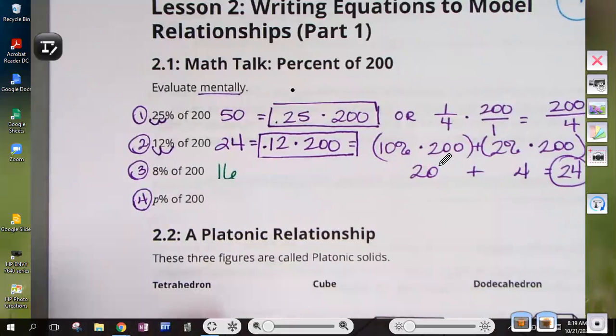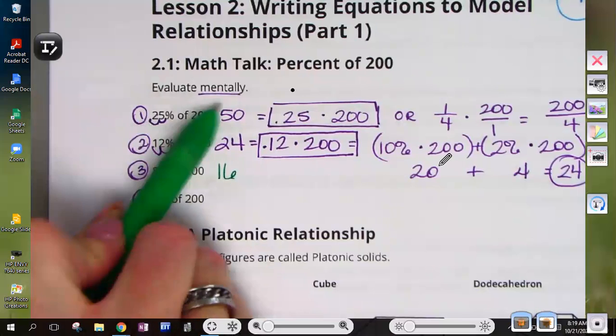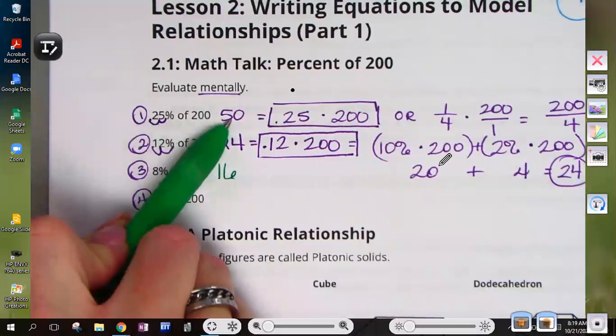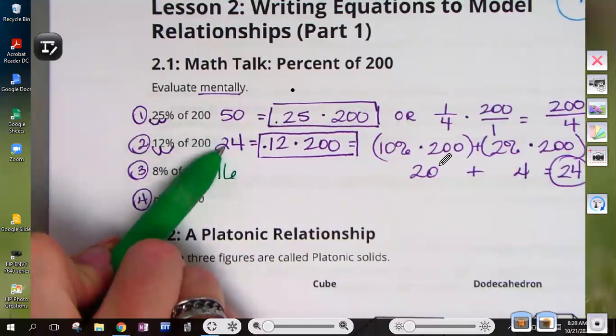Well, we just did it 3 different ways. What did we do with our percentage each time? Okay, we move the decimal over. We multiply it by 200. Okay. Well, look at our percentage here. It's 25. What's our answer? So what did we do to it? It doubled. Here it's 12, then here it's 24, here it's 8.